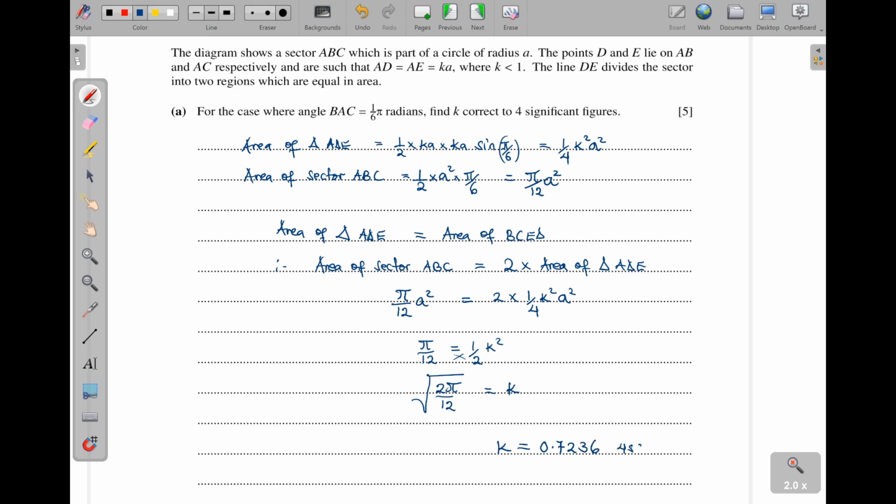That is 4 significant figures. Now, if you write your answer to 3 significant figures because you are used to that, you're going to get this one wrong. Remember they say unless a different degree of accuracy has been stated. So we stick to the 4.